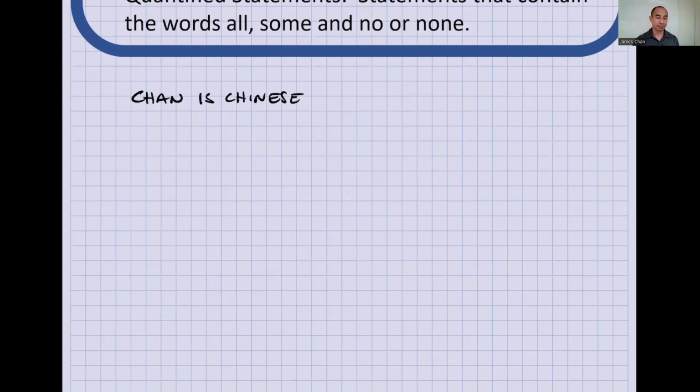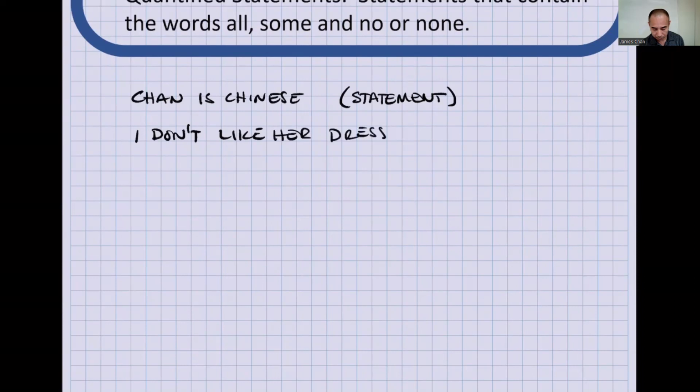Make sense? I don't like her dress. That's not a statement, is it?